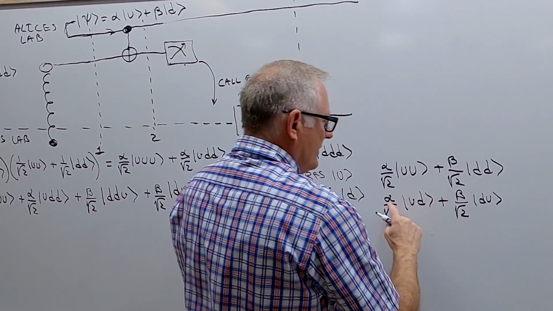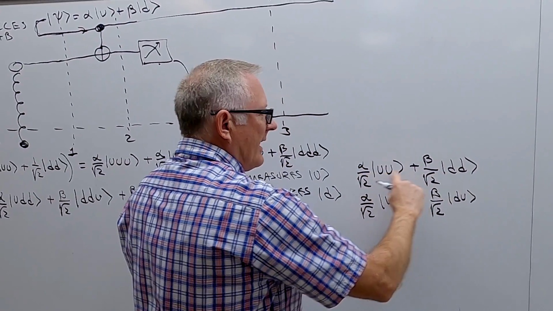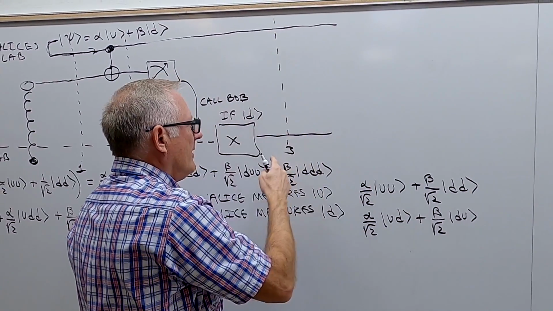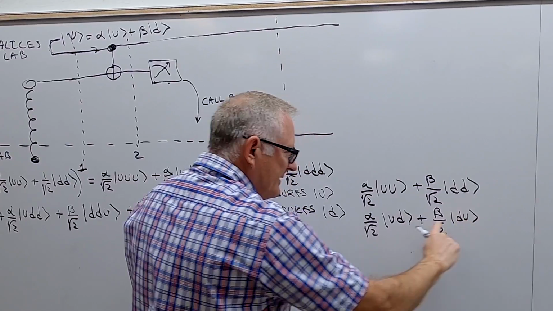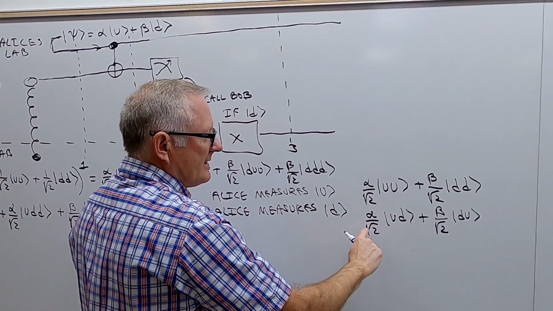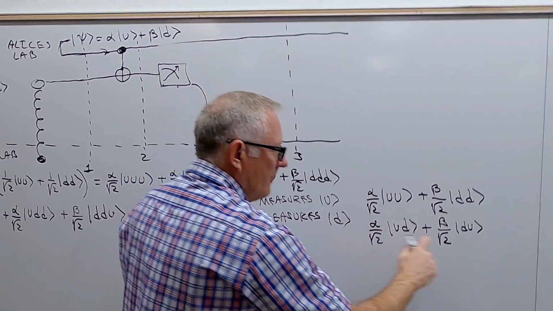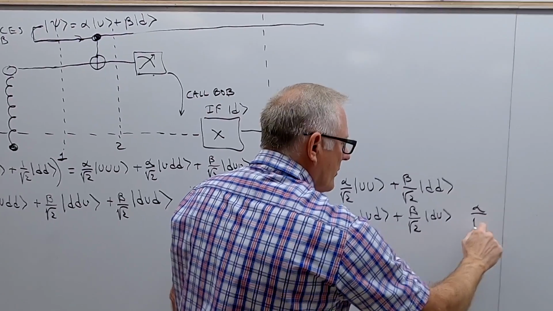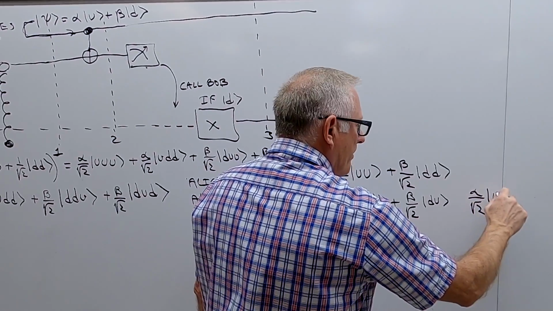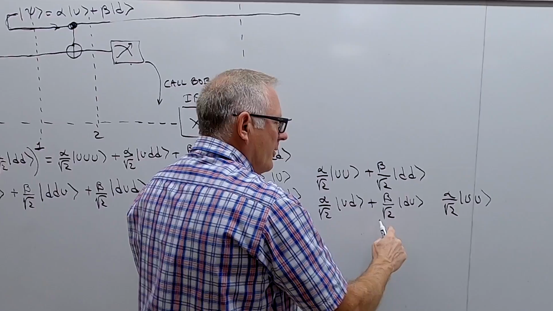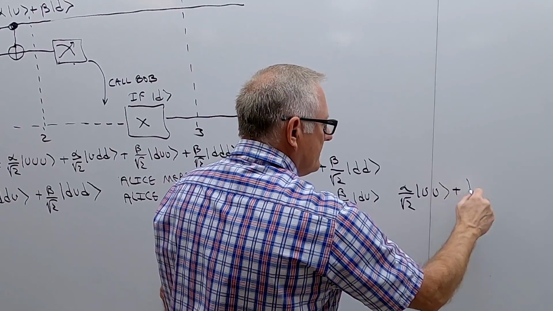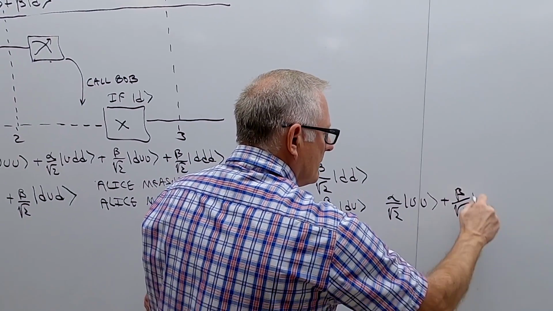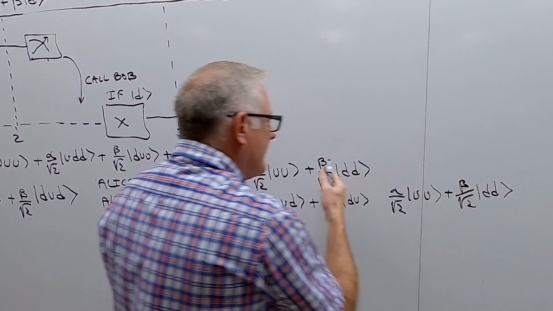Well, you notice at number 3, we have this for the one case. In the other case, it's this through the X gate on the third one, which is alpha over the square root of 2, up, plus beta over the square root of 2, down. Which is the same thing.